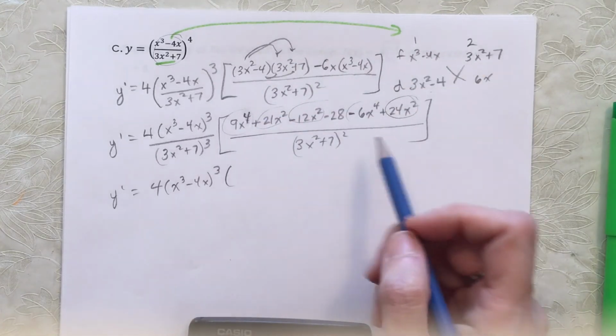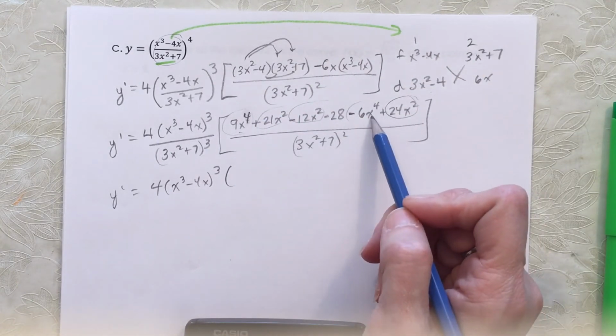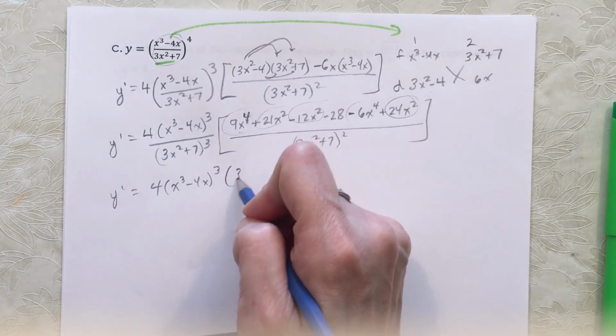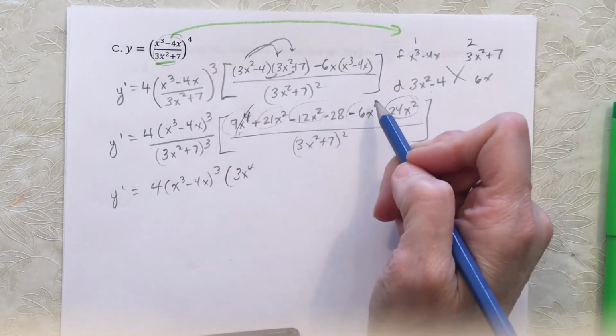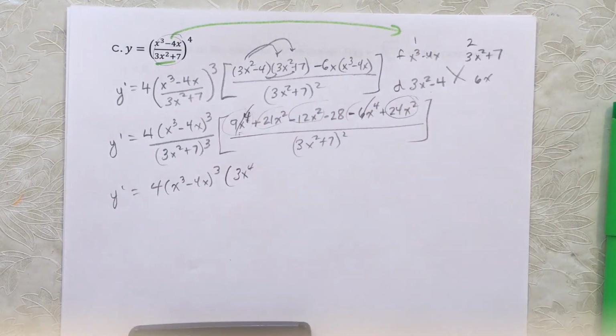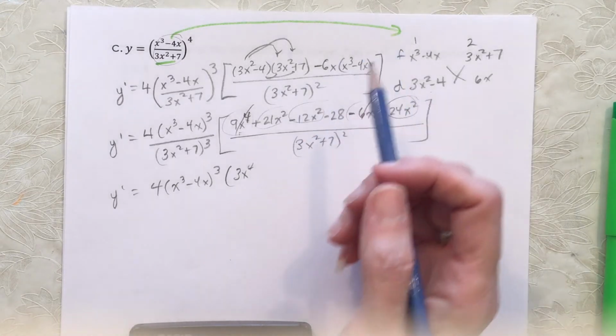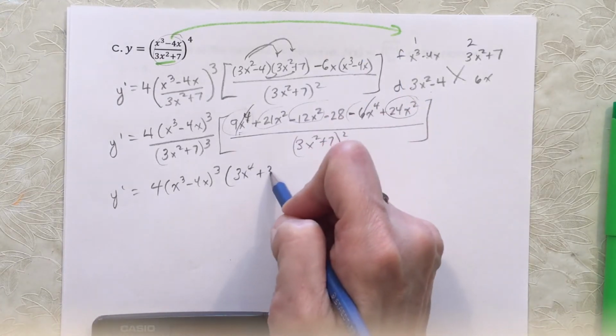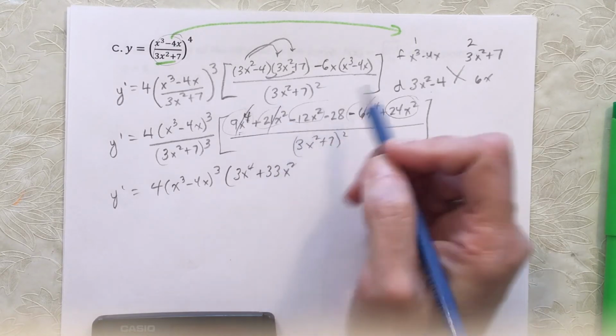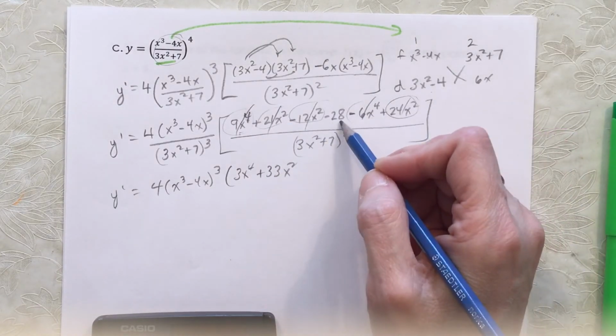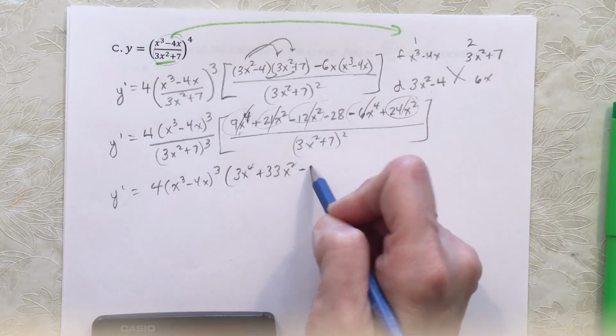So the x to the fourth terms, I've got 9x to the fourth minus 6x to the fourth, so that's 3x to the fourth. And then my x squared terms, I've got 21 minus 12 plus 24, so plus 33x squared, minus 28.